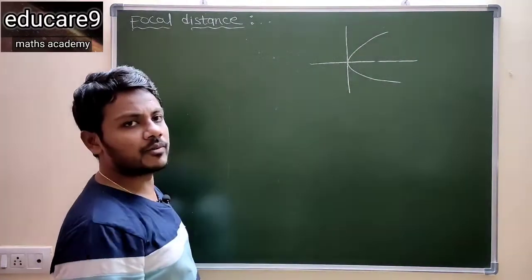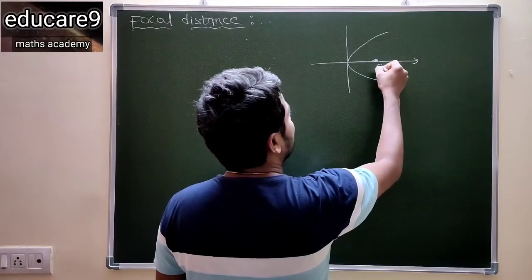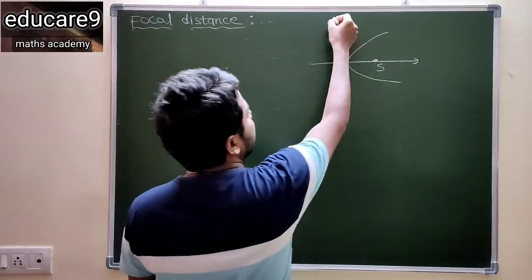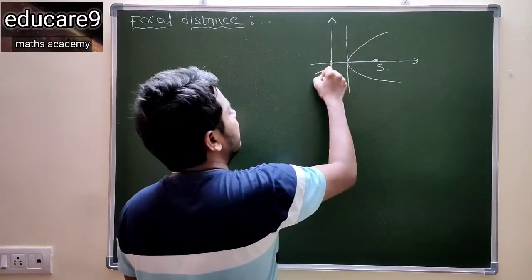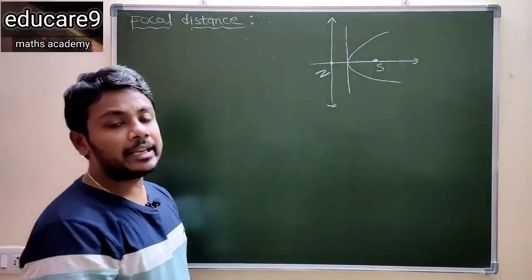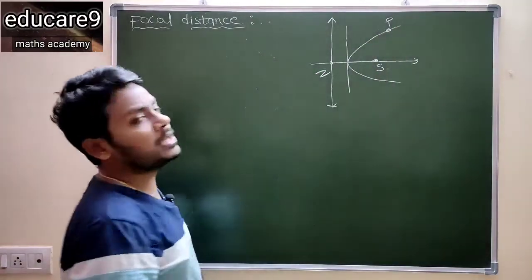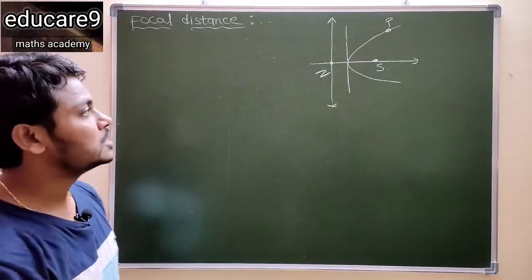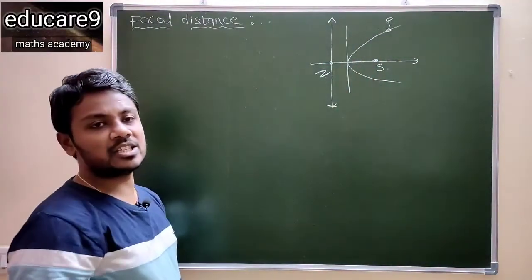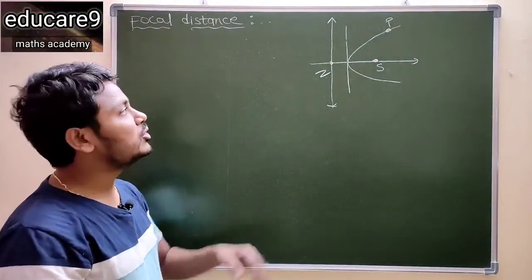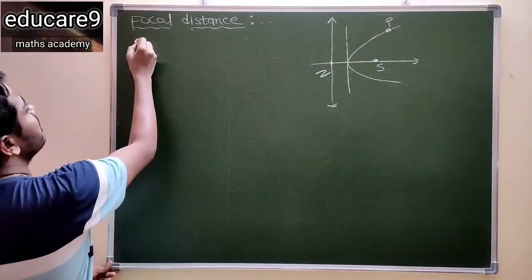This is the focus of the parabola, and this is the directrix. This is Z. Let us consider any point P on the parabola. Then the distance from the focus to P is called the focal distance. You need to find that focal distance. Here, write the definition.